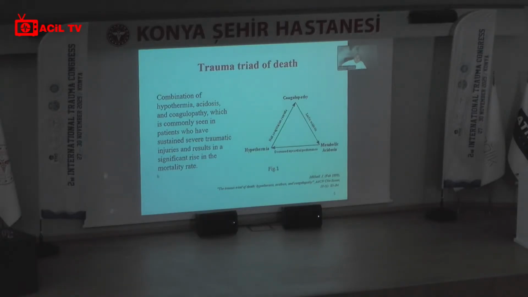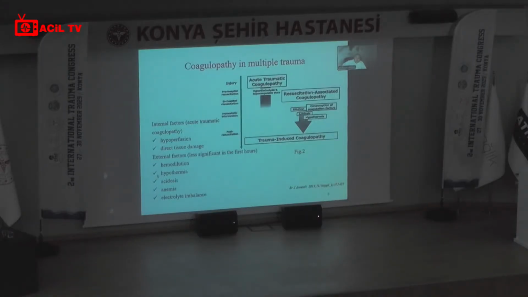Such increased acidity damages the tissues and organs of the body and can reduce myocardial performance, further reducing oxygen delivery. So, as you can see here, this is the pathogenesis of trauma-induced coagulopathy, with internal factors such as hypoperfusion and blind tissue damage, and external factors such as hemodilution, hypothermia, acidosis, anemia, and electrolyte imbalance.